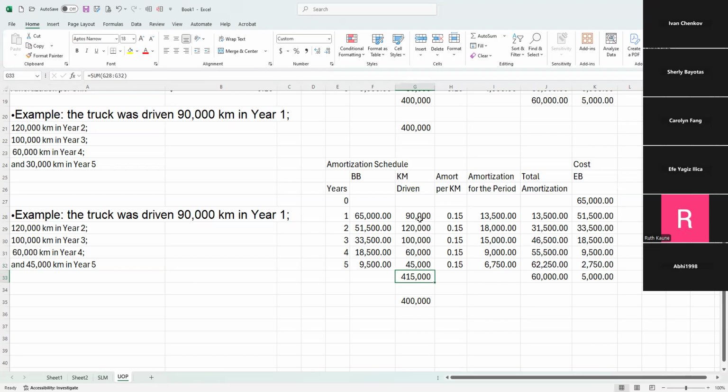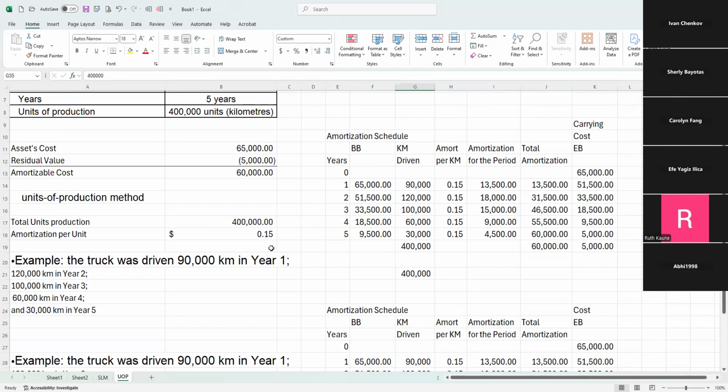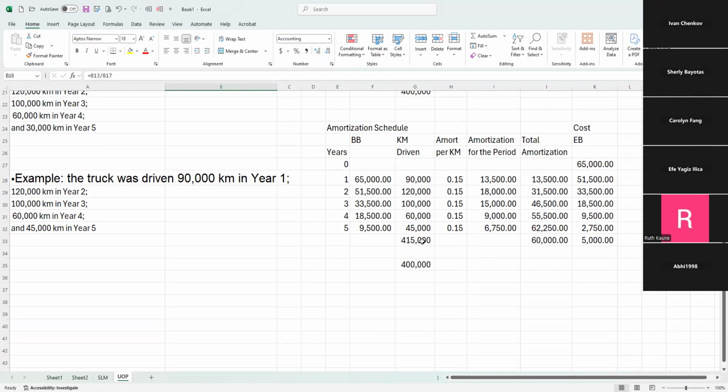And once you see that the total kilometers driven are more than the kilometers given in the beginning, for which you're calculating amortization per unit, obviously you're going to take more amortization. Obviously, the carrying amount will be less than the residual value.